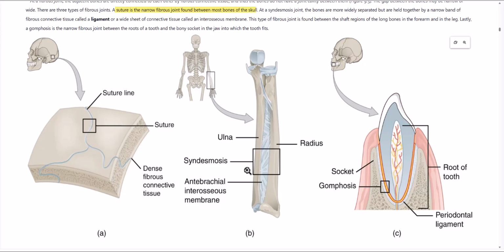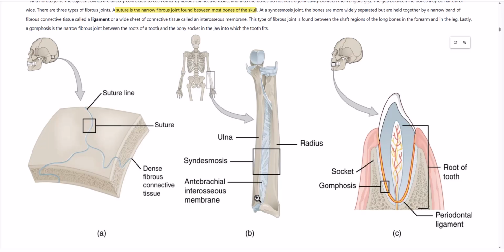Then something you've not seen in the lab because the bones are given to us in isolation: here is the ulna and the radius, and you don't appreciate this from our models, but there is an interosseous membrane. We know inter means between, osseous, bone. So between the bones, there is this membrane.